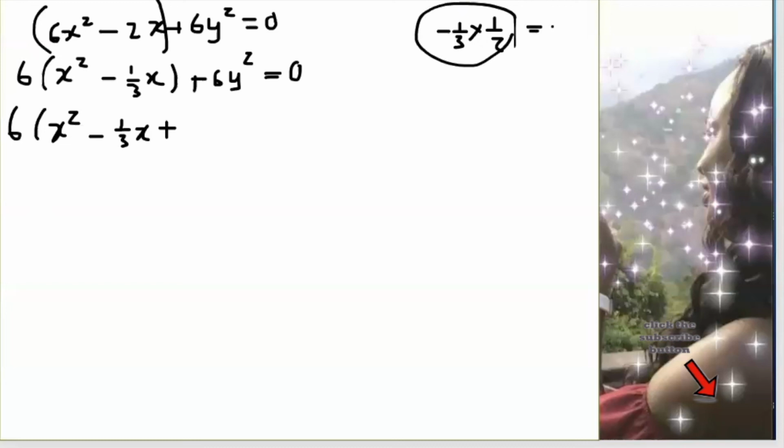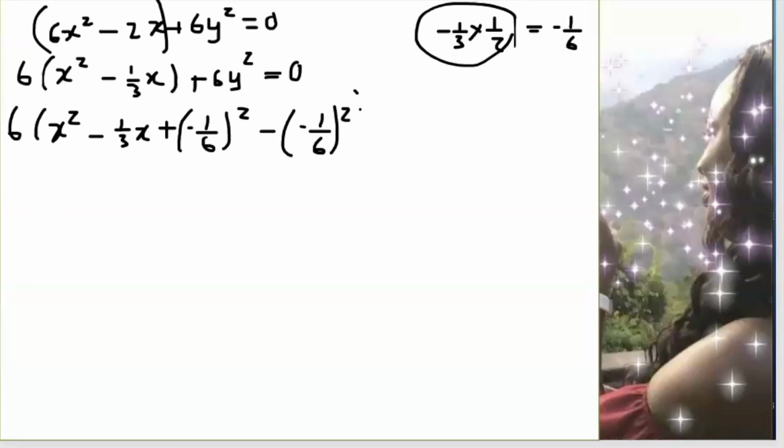So minus 1 over 6 is half the coefficient of x, which is minus 1/3. So we add negative 1/6 all square minus negative 1/6 all square, and then I have plus 6y squared equal 0.